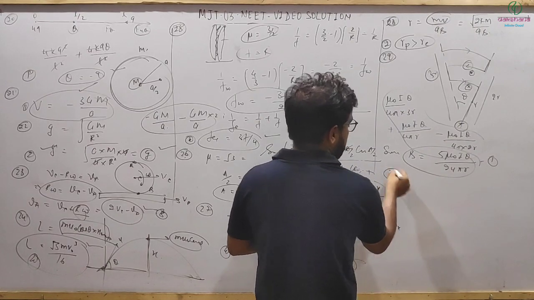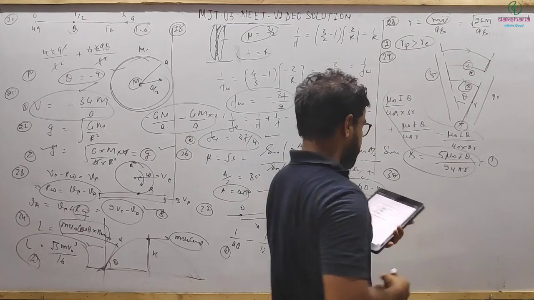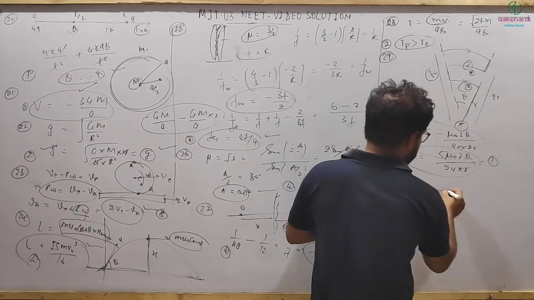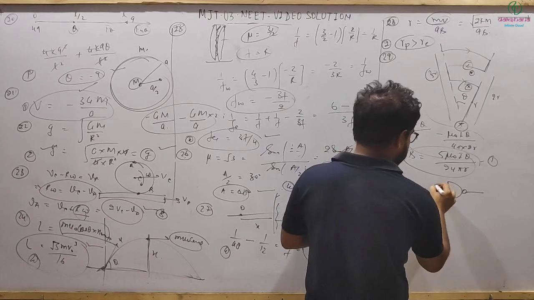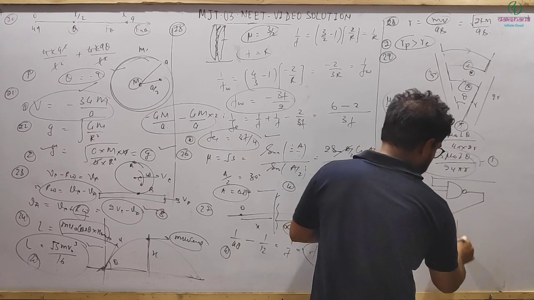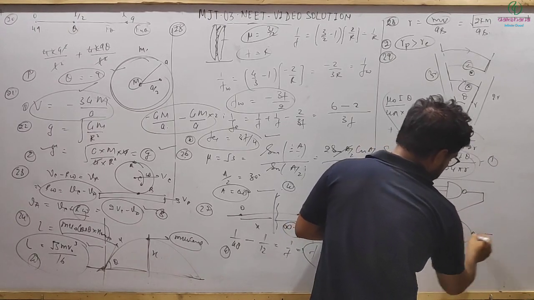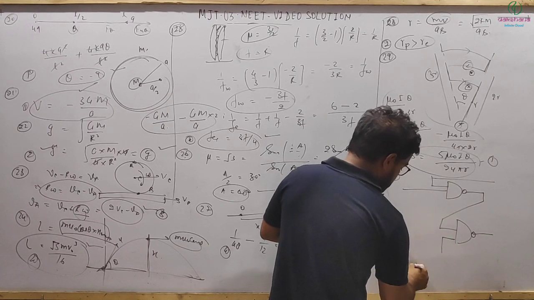Question number 30 next. In the following circuit, value of Y. So here also 3 gates are given.